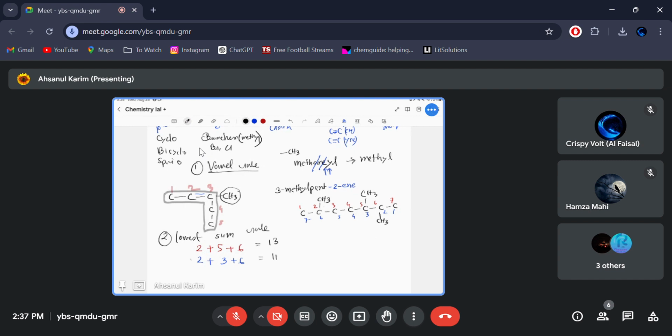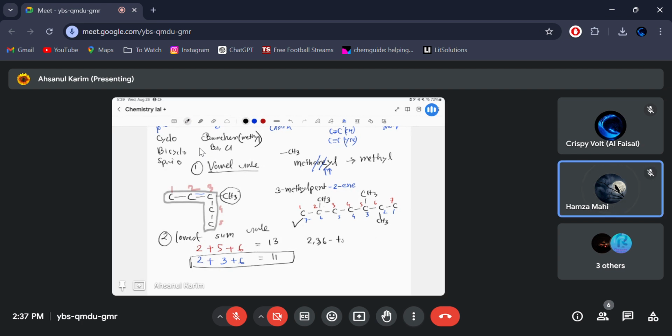Who wins here? Blue. So you have to use the blue numbering system. What will be the name? 2,3,6. How many methyl groups are here? Three, so I am going to use trimethyl heptane, right? Heptane, that is the name. Understandable? The lowest sum rule.